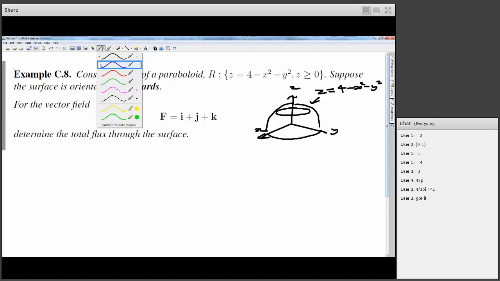I'm assuming the surface is oriented downwards, which means the normals are always pointing down, looking at the inside of the paraboloid. It's just the part of the paraboloid sitting above the xy plane.